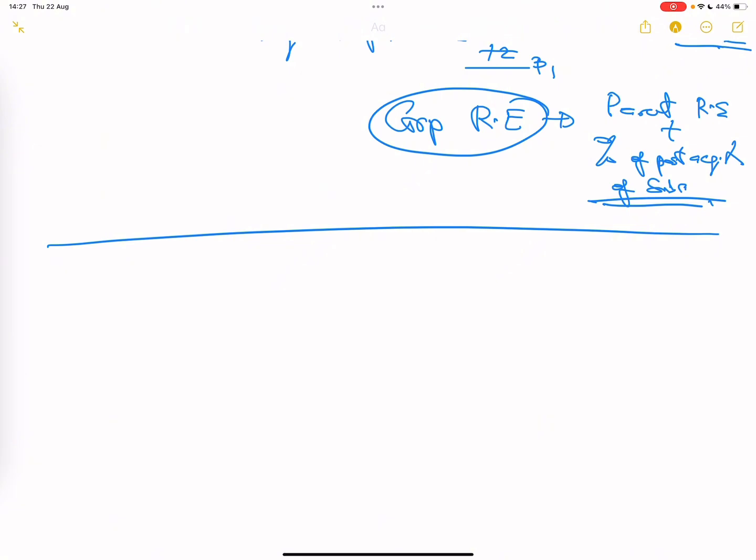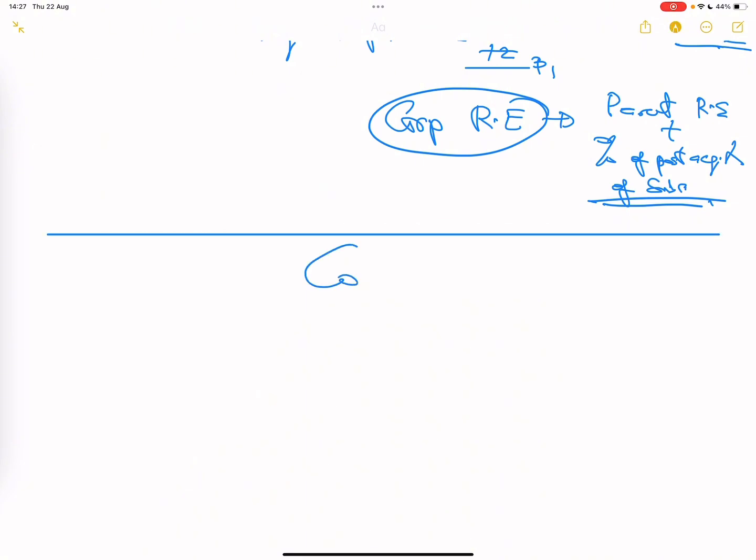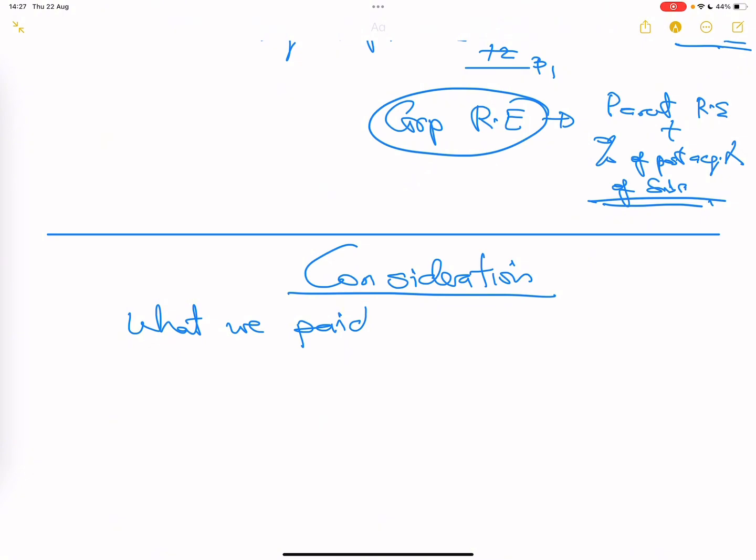Now, the last part, which I'm going to touch on now, is consideration. Remember, we touched on consideration earlier, and we said consideration is what we paid to acquire. Sometimes it's not only cash.